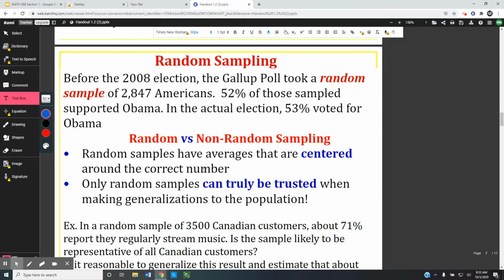So here's a random sampling. Before the 2008 election, the Gallup poll took a random sample of 2,847 Americans. 52% of the sample supported Obama, and in the actual election, 53% voted for Obama. So the numbers were super close, which shows it was a really good sampling. Had it been a biased sample, it would not have been nearly as close in that statistical value.